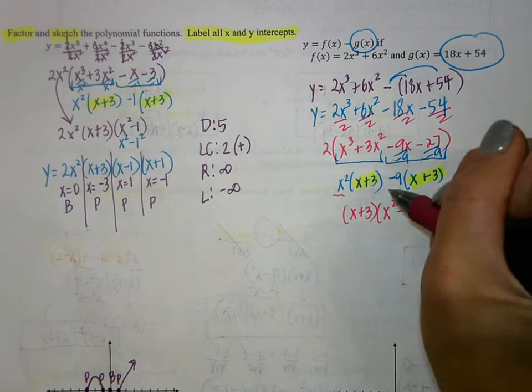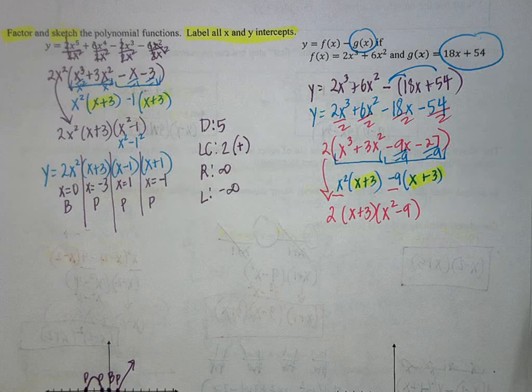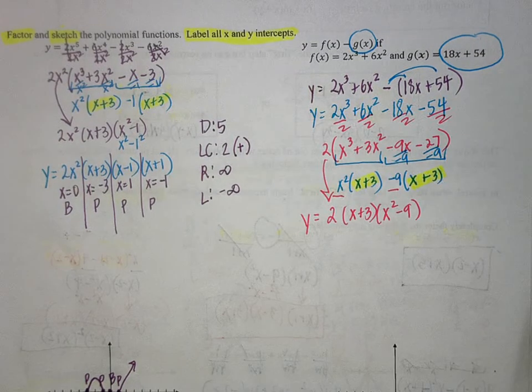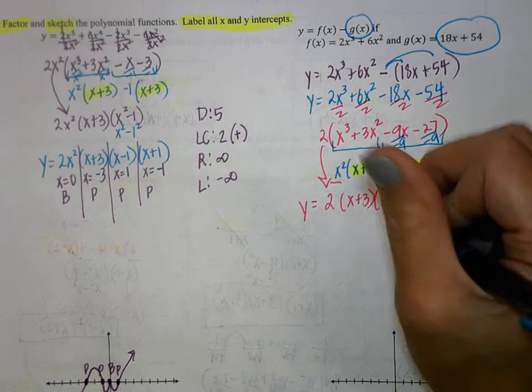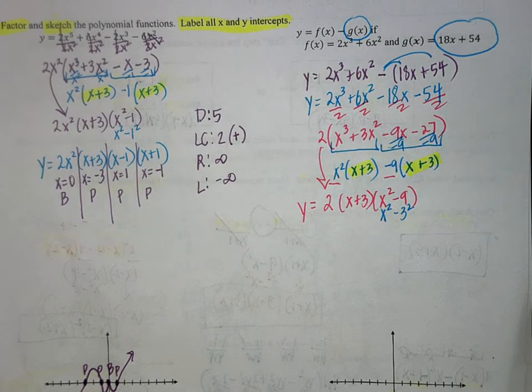Okay, and also don't forget that we write the 2 there in front. I always want to check squared terms to see if they can be factored further. Can this one be factored further? Yes. X squared minus 3 squared. 9 can be written as 3 squared.